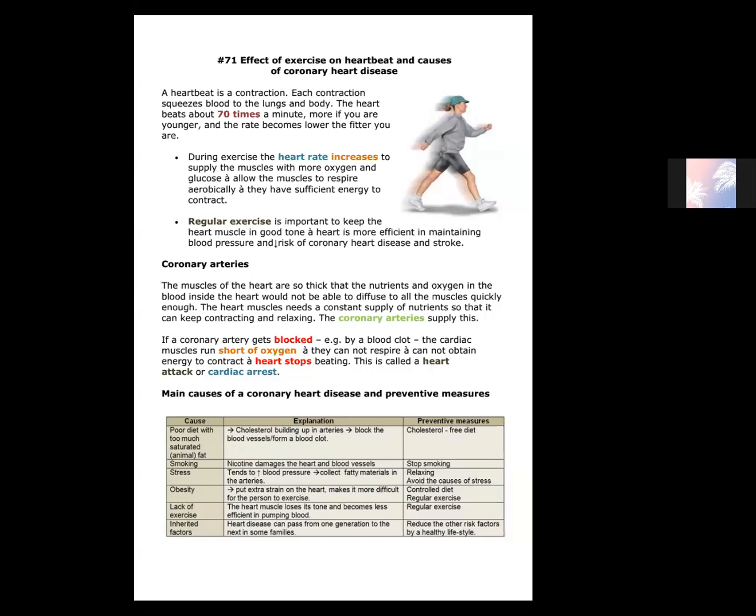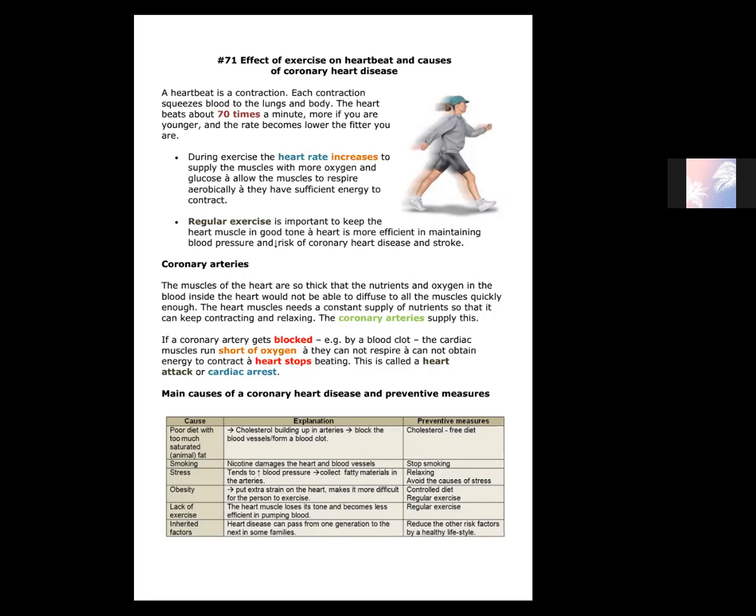But if the coronary arteries are blocked due to cholesterol or a blood clot, the cardiac muscles are not provided with enough oxygen and glucose for aerobic respiration, and they don't have enough energy to contract.